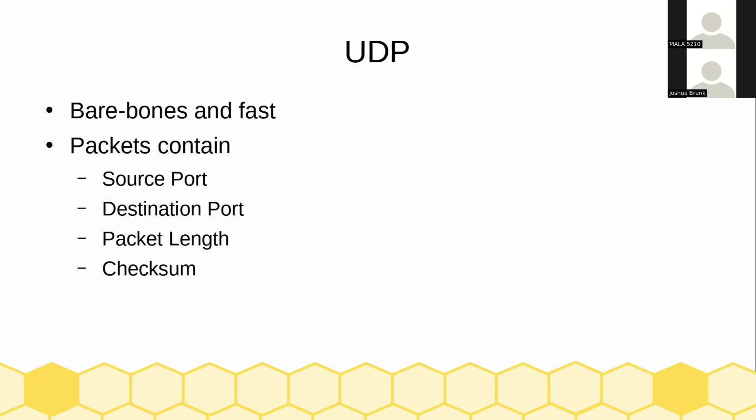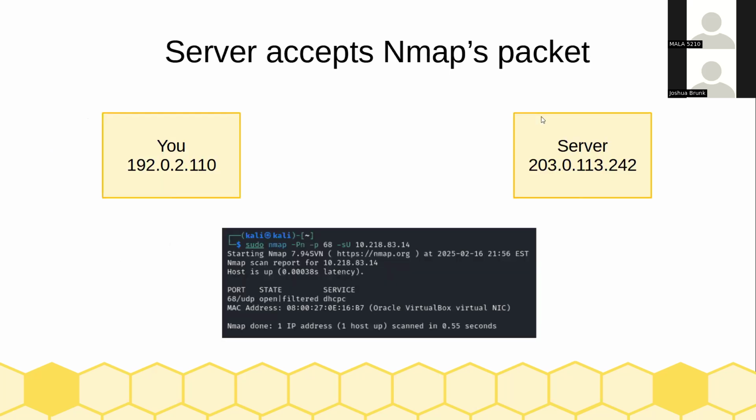I have up there that the UDP packets contain source port, destination port, the packet length, the checksum, and, I guess I missed one, the data of the packet, and that's it. There are no other features that UDP provides. Everything else is, hopefully your data gets there, and that's about it. So because of this, it's hard to know what happens when a UDP scan happens.